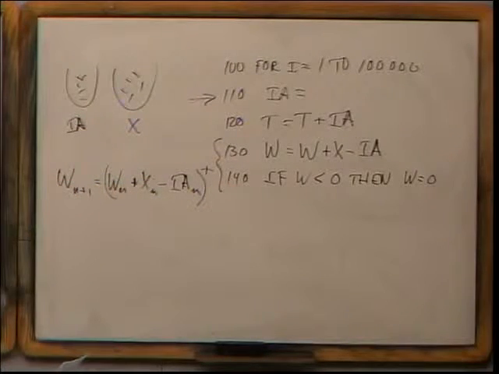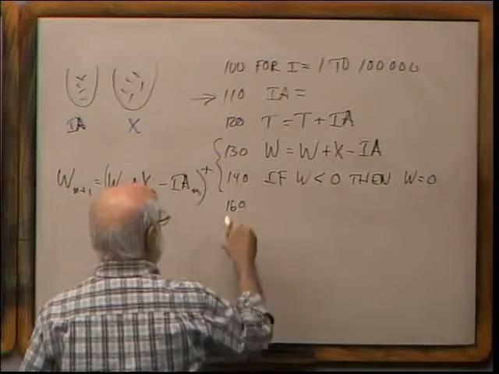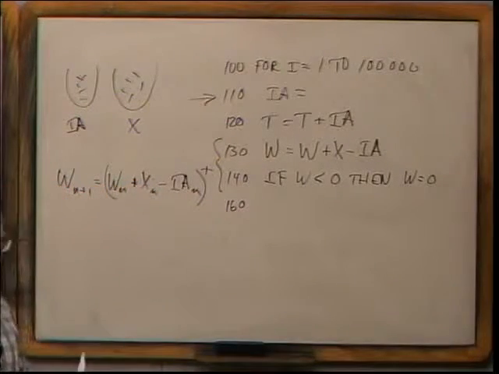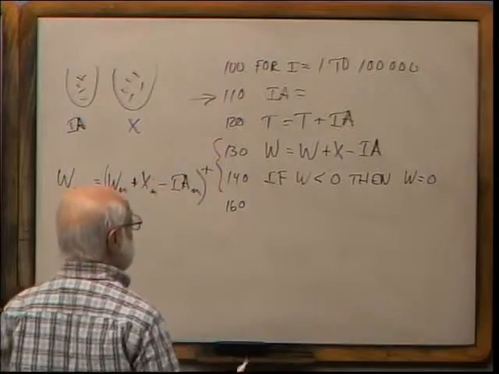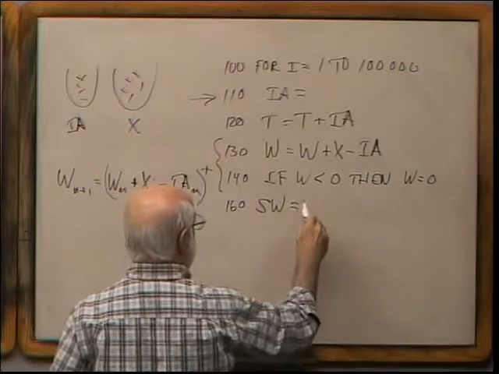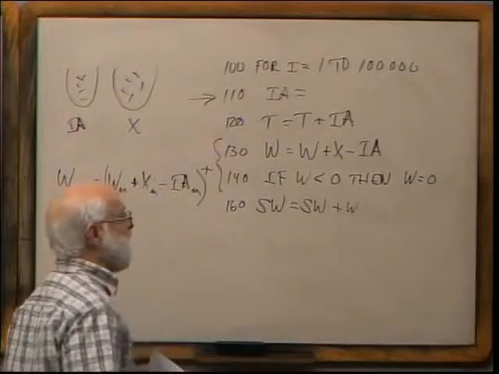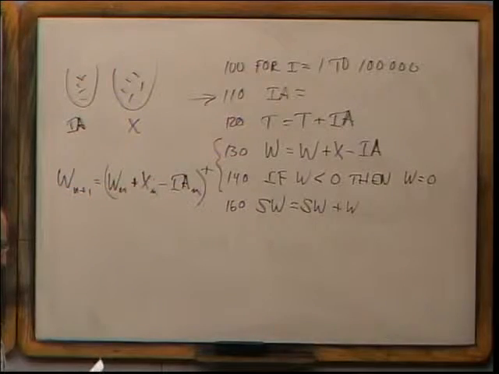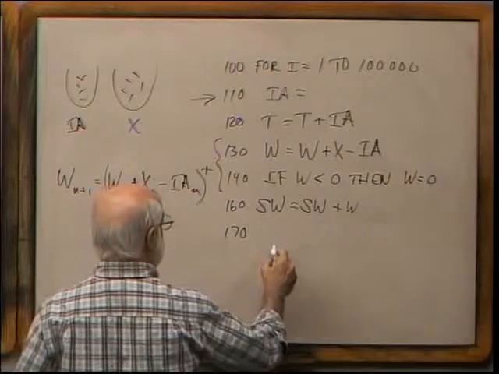Now I want to calculate some stuff. One of the things I want to calculate is the average waiting time. So I've just calculated a waiting time right here, so I accumulate that. So the sum of the waiting times, SW, is equal to the sum of the waiting times so far plus the waiting time I just calculated. Statement number 170. Now I have to pick my value of x.